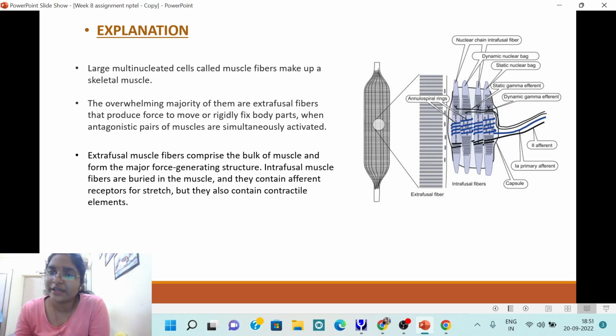So extrafusial fibers are involved in force generation, whereas intrafusial fibers sense muscle contraction, and the majority of our skeletal muscles are extrafusial fibers.